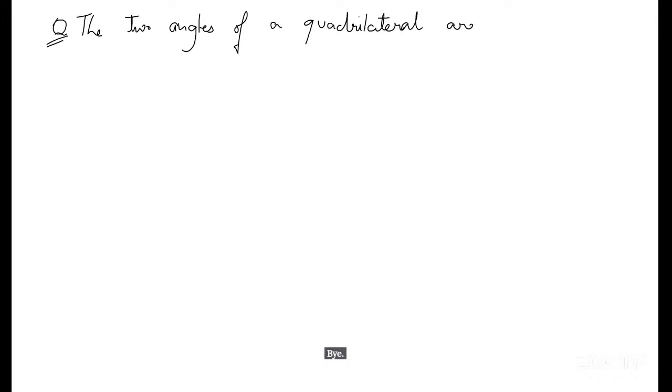The two angles of a quadrilateral are 76 degrees and 68 degrees.